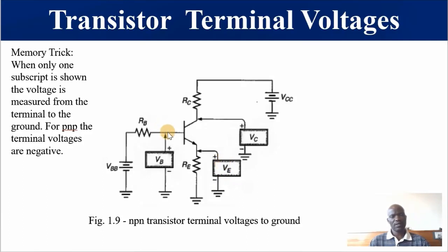Then the voltage at the base measured with respect to the ground or negative terminal is called the base voltage, VB. So you can see that this is a positive voltage, this is a positive voltage, and this is a positive voltage, and this applies to an NPN transistor. For a PNP transistor, this will be negative there, positive there, negative there, positive there. So this is showing us what terminal voltages are.